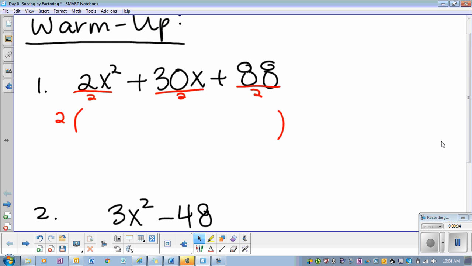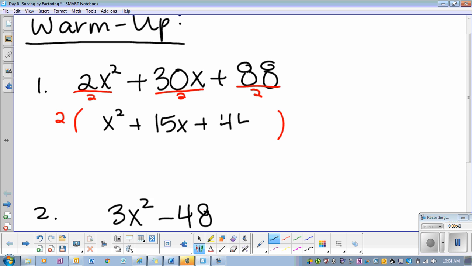Alright, so when I divide it, I get x squared plus 15x plus 44. Now I can do my AM, right? Since I have 3 terms, I have to make a T-chart. So let's do that.